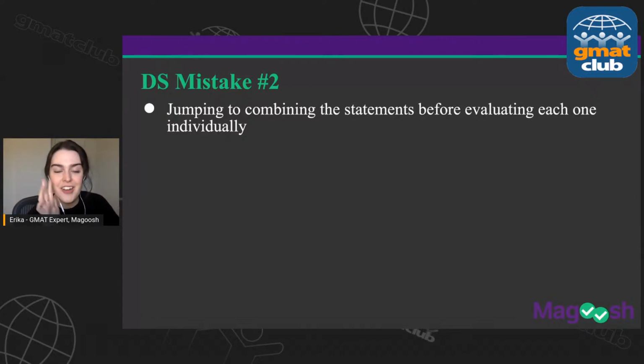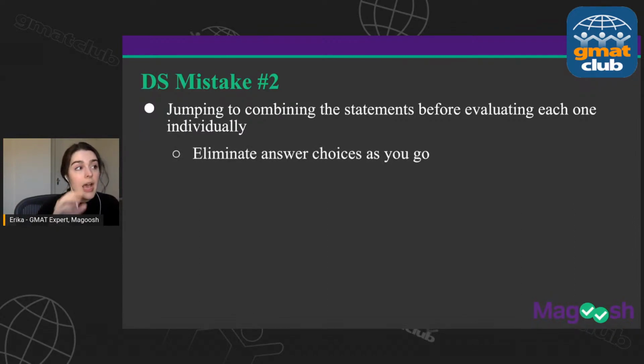I saw this in the chat earlier. C. We love to pick C. Test takers pick C a lot. We want to pick C like half of the time, but it is just as common an answer as A, as B, as D, and as E. So we want to be really careful that we are not immediately jumping to putting them together, and we're first processing each statement individually. So how we can do this, we are going to eliminate answer choices as we go.